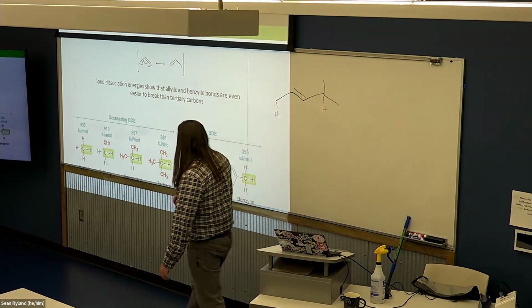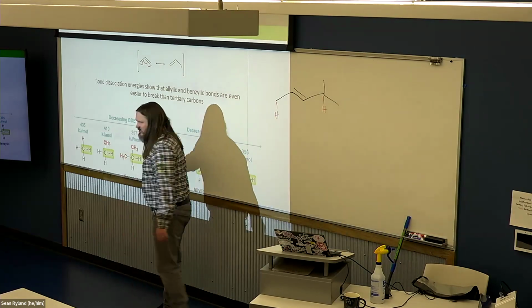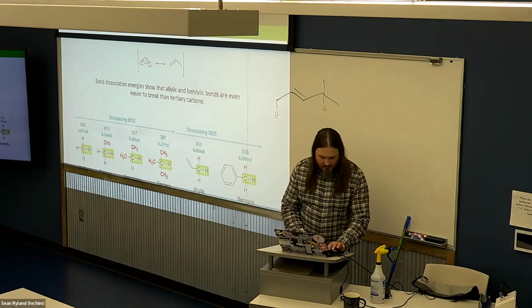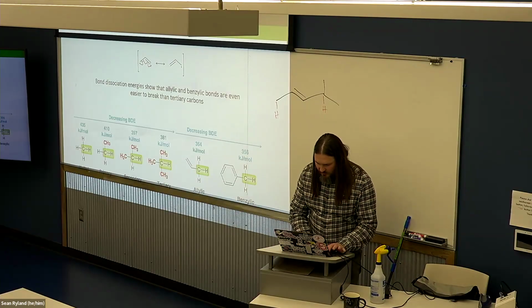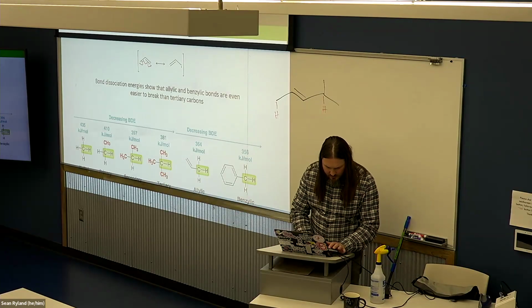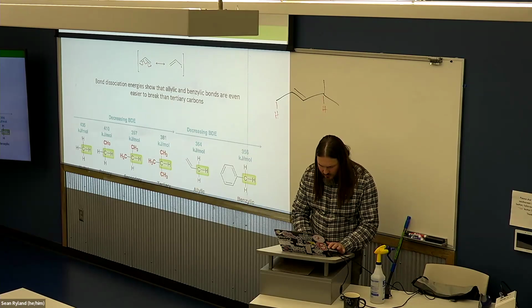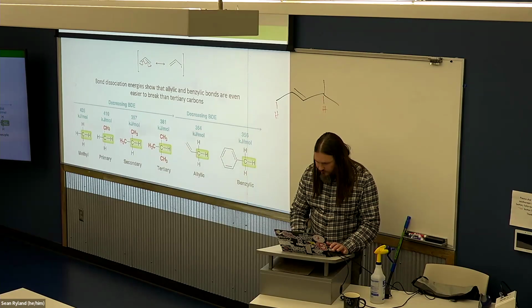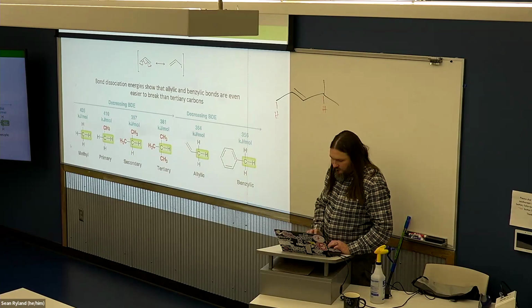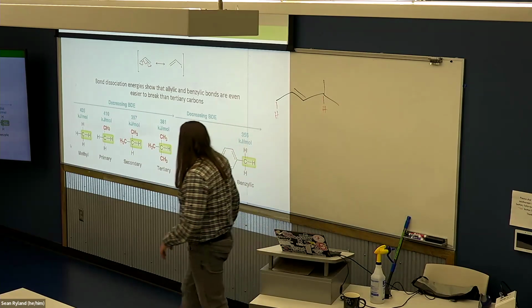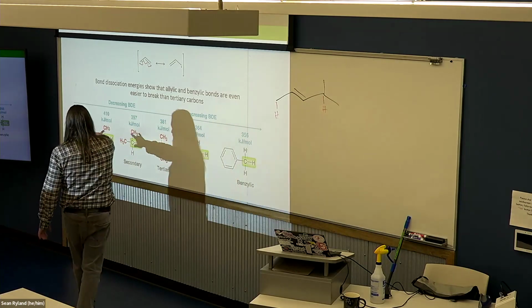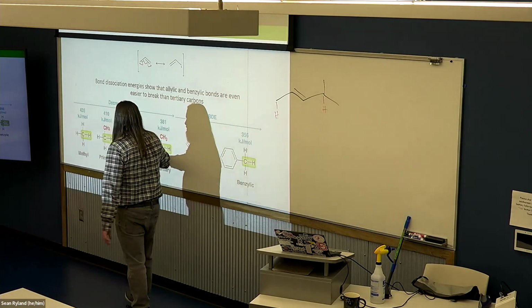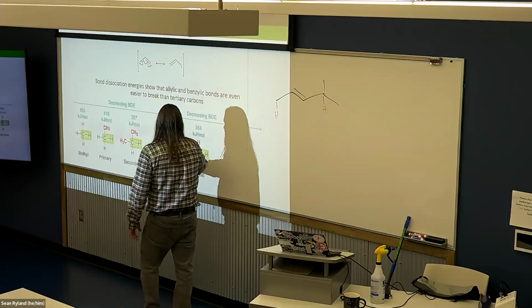So if you take our decreasing bond dissociation energy from before, let me adjust the position so we can read it a little bit better. This is the same list we had before: methyl, primary, secondary, tertiary.